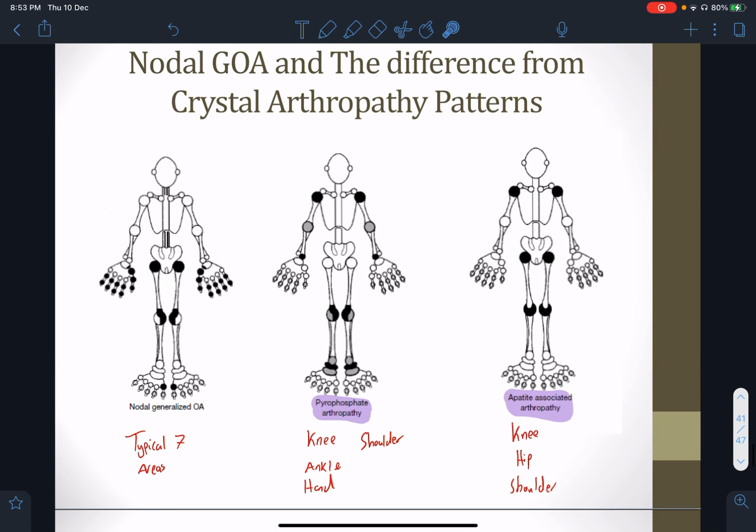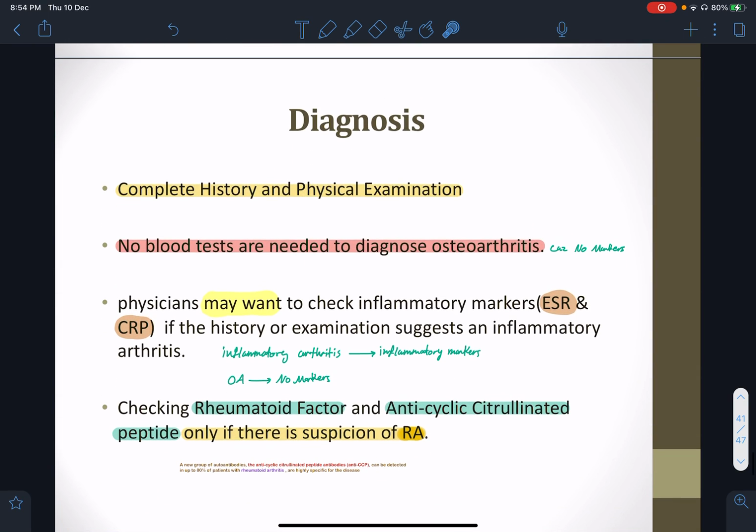These are two different diseases, or if you found them, the patient has secondary osteoarthritis, because they have these metabolic diseases, calcium deposition disease. So you have to take this into consideration. Whenever you diagnose a patient, you have to take a complete history to know whether it is secondary or primary.